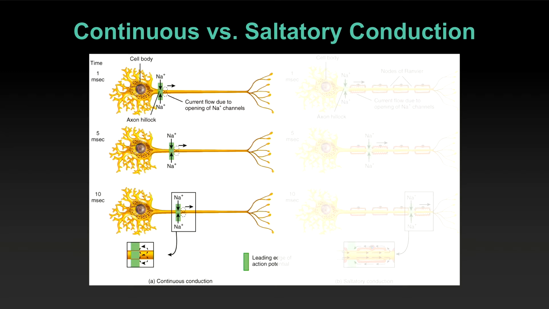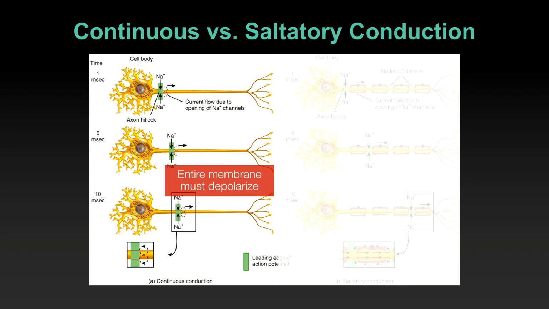And in continuous conduction, every part of the membrane must depolarize for the signal to be transmitted. So the trigger zone depolarizes, and that brings the immediate neighboring region to threshold, and that depolarizes. And then the neighboring region down here comes to threshold, and that depolarizes, and so on and so forth, all the way down the axon.